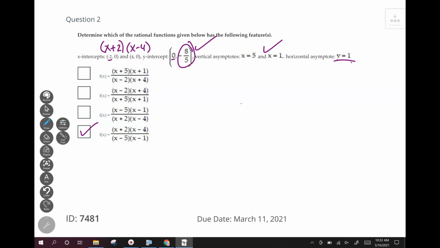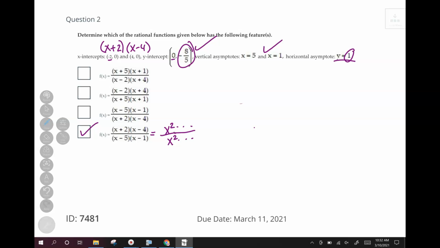Horizontal asymptote at y equals 1. In order to get a horizontal asymptote at y equals 1, first of all, your degrees would have to be the same. Well, if I were to FOIL this out, my leading term in the numerator would be x squared, and my leading term in the denominator would also be x squared. I don't really care what happens after that. The horizontal asymptote is only determined by the leading terms when the numerator and denominator are in standard form.